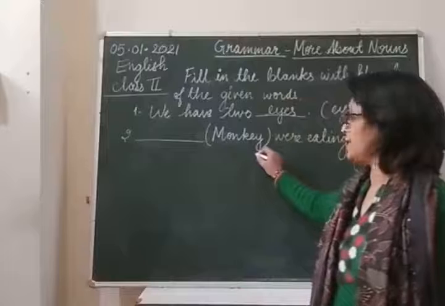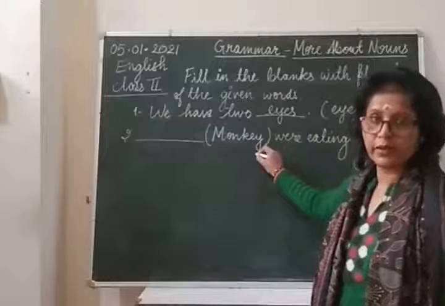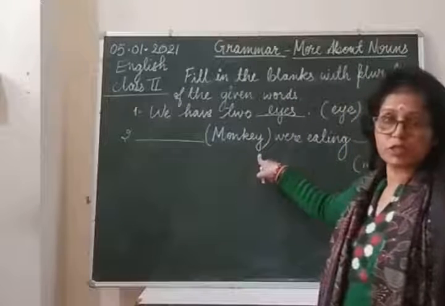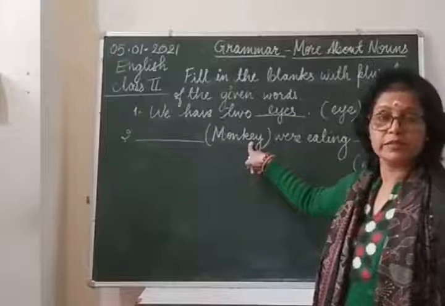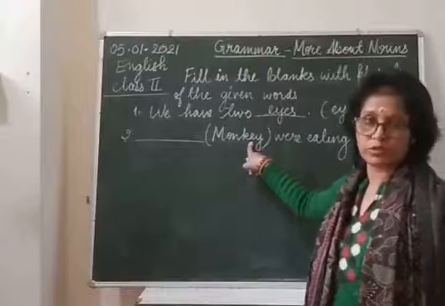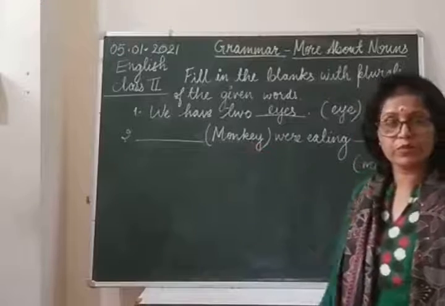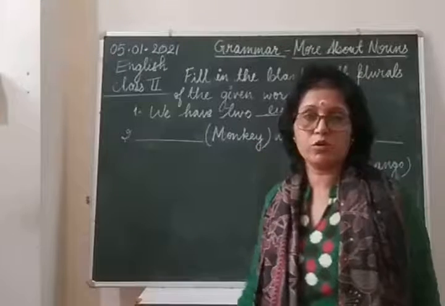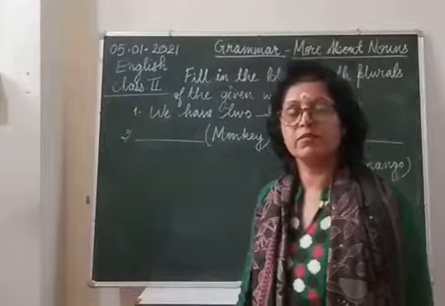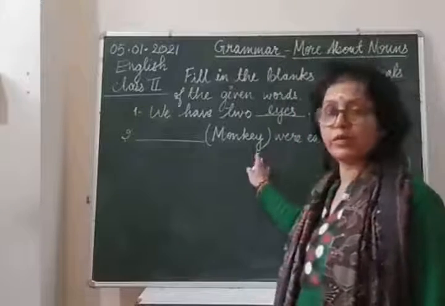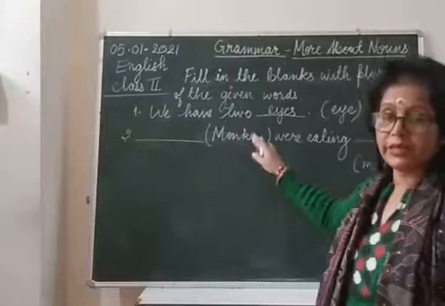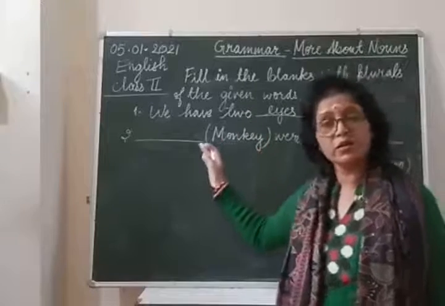See, the word ends with Y, but the letter just before Y is E, and E is a vowel. It is not a consonant. So what we will do? Do we replace Y or not? Yes, we will not replace Y, because we replace Y only in the condition when the letter just before Y is a consonant.